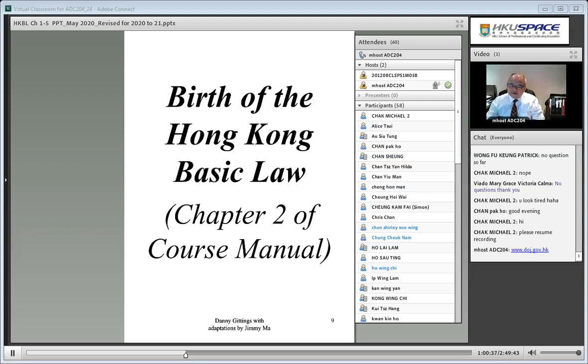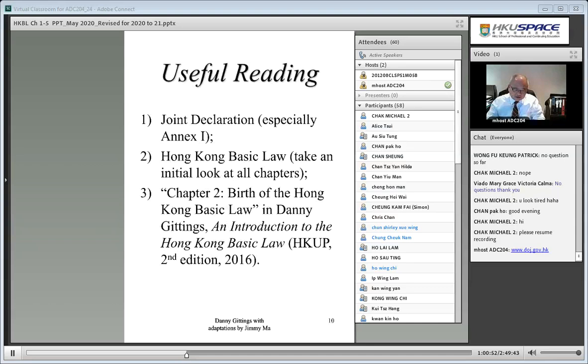Well, this is about how it came about: what led to the promulgation of the Hong Kong Basic Law by the National People's Congress. And here we look at the history. For reading purposes, of course, the first one, most important, is the Joint Declaration.